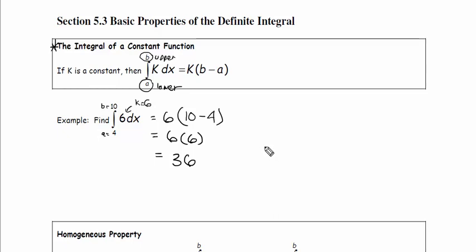Alright, so hopefully this all makes sense, but let me give you a short graphical representation so that you can see it's exactly what we were talking about before. So if I want the integral of 6, now remember, y equals 6 is just a horizontal line, and I want the integral from 4 to 10, 1, 2, 3, 4, and then 5, 6, 7, 8, 9, 10.